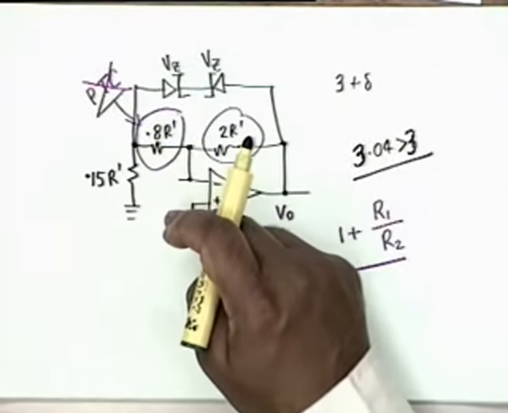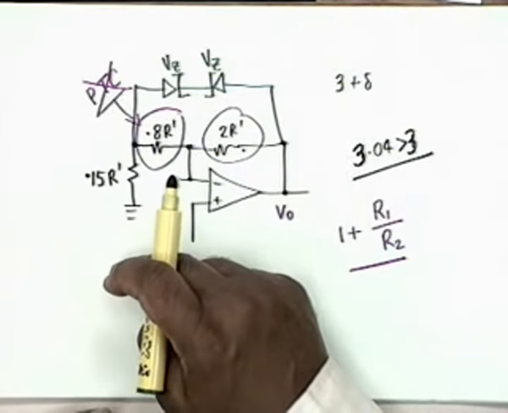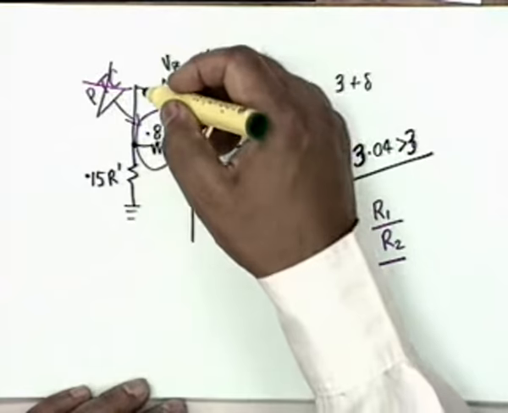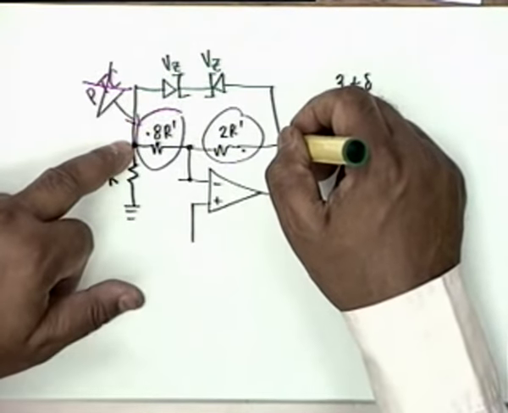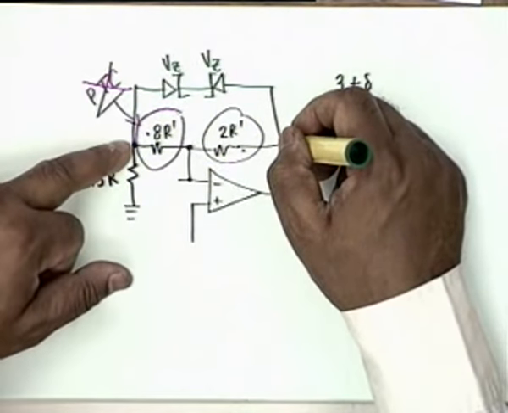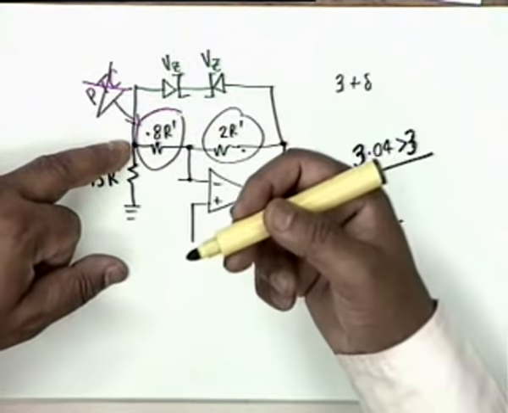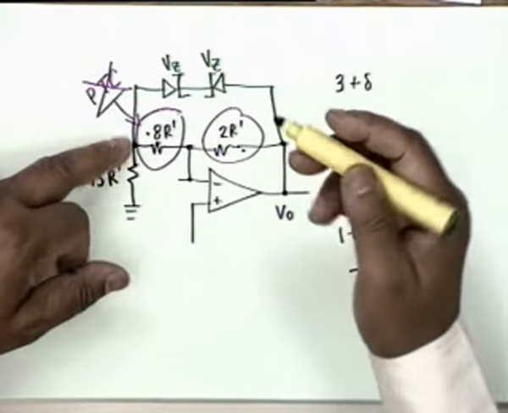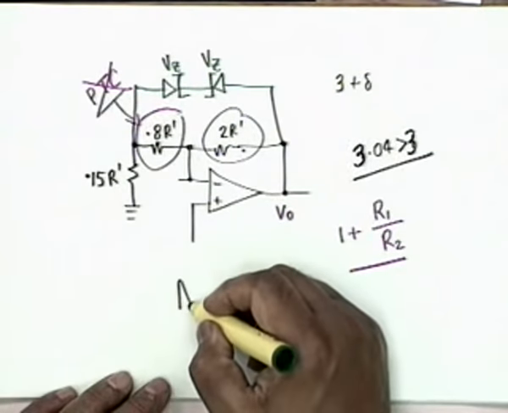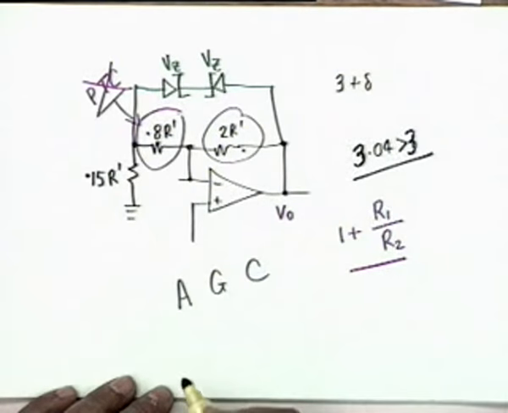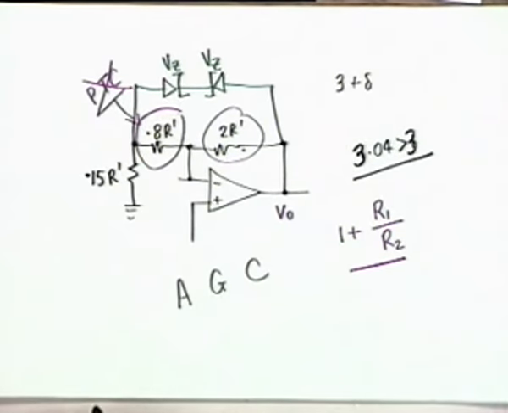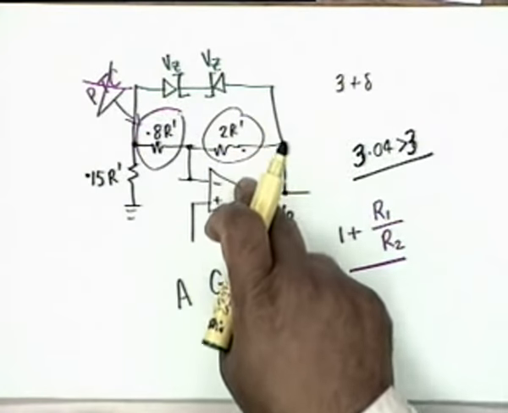If the amplitude wishes to go down, then this becomes non-conducting, again this takes over and it builds up the amplitude to Vz. The amplitude across these 2 points cannot exceed Vz plus VBE on, because the diode cannot support more than this. So it is a case of the so called AGC, automatic gain control of the device.